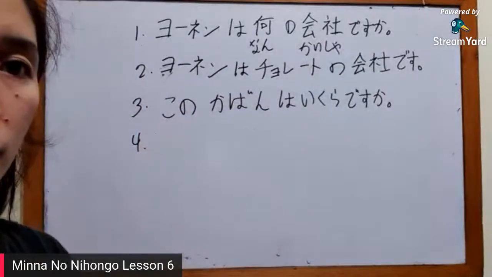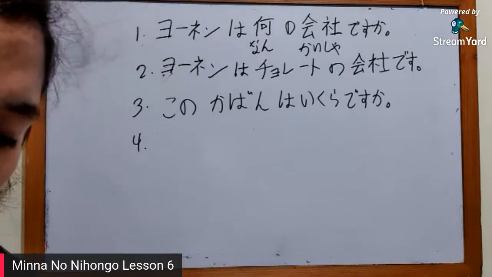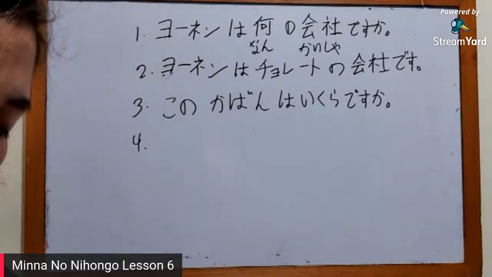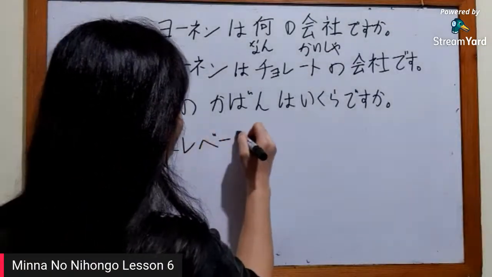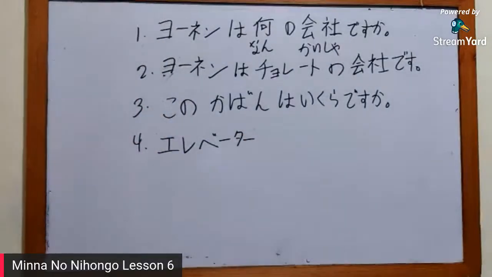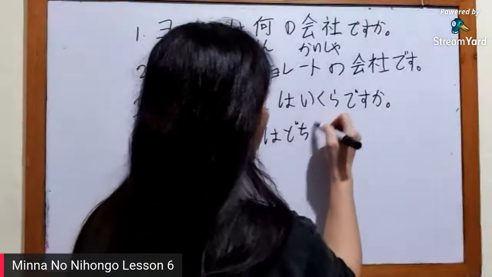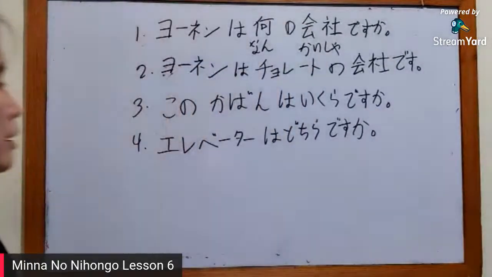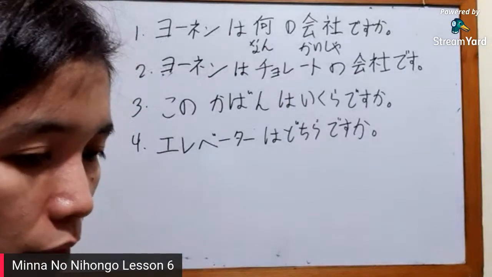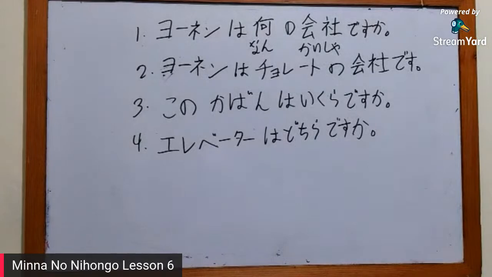And number 4. Erebeta is elevator. So, we have erebeta. Erebeta wa dochira desu ka? So, these are the right answers. And our last is number 6.